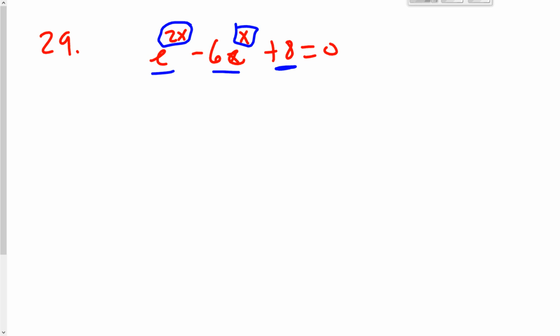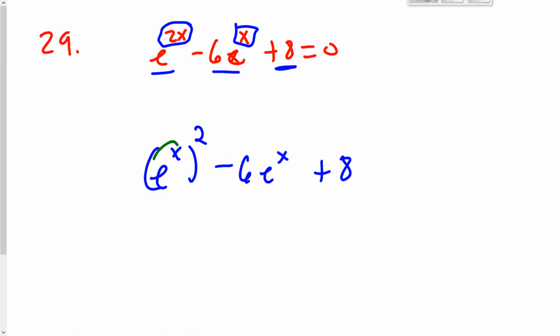Well, that's kind of like a quadratic, right? It's a quadratic because remember when we raise powers to powers, we multiply. So this is like e to the x, raised to the 2, minus 6e^x plus 8.